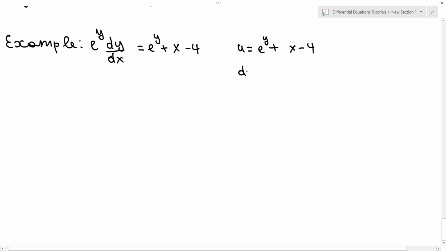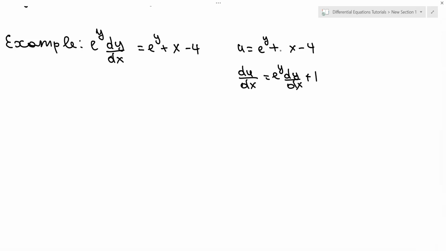So we find the derivative of both sides, d over dx is equal to e to the power of y. Of course, we need to find the derivative of this, so it's dy over dx plus 1. So this is just u. So we have again du over dx.